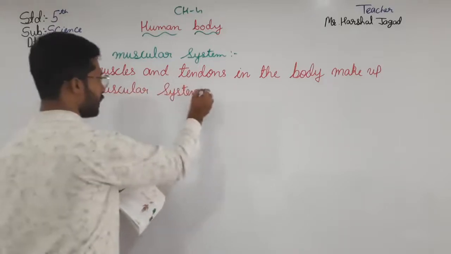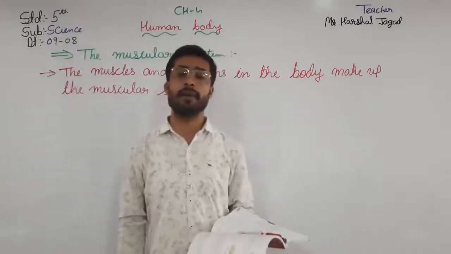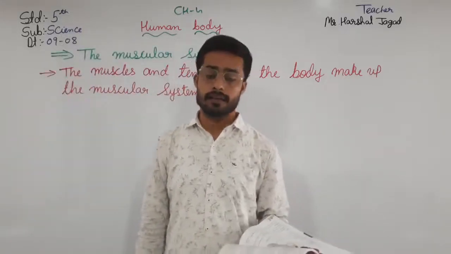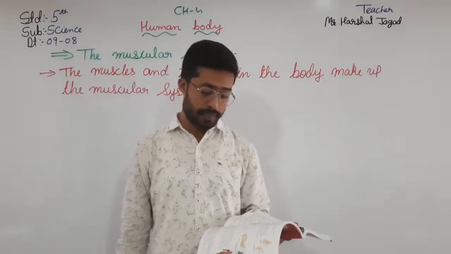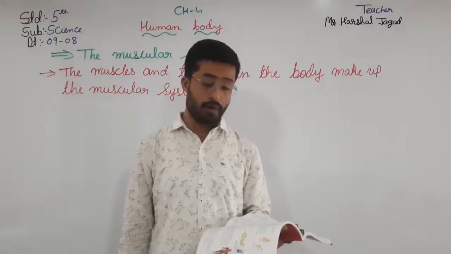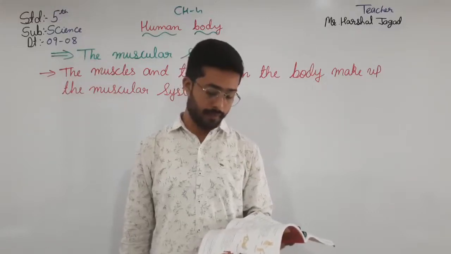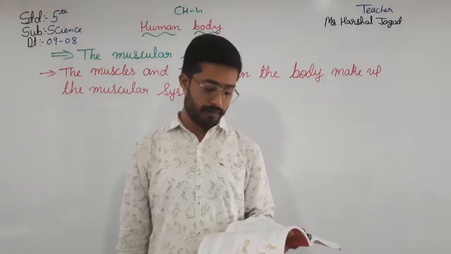Here, the muscles and the tendons in the body make up the muscular system. That is, the muscles are attached to the bones, and it is the muscle that helps in all of our body movement, from smiling to leaping over a wall. Some muscles work in pair.